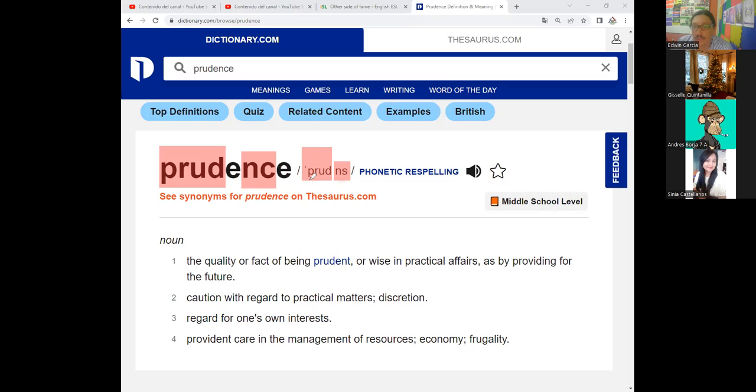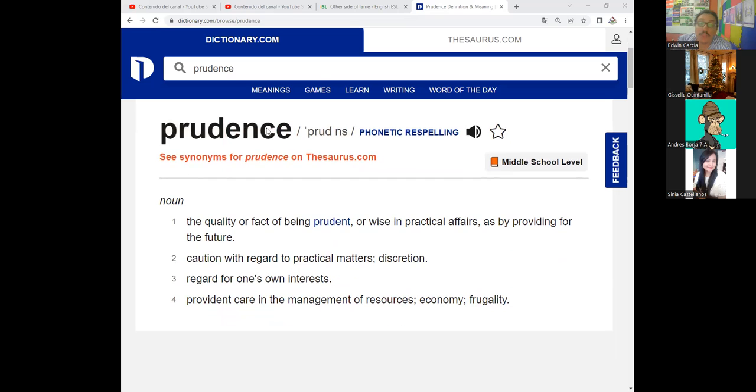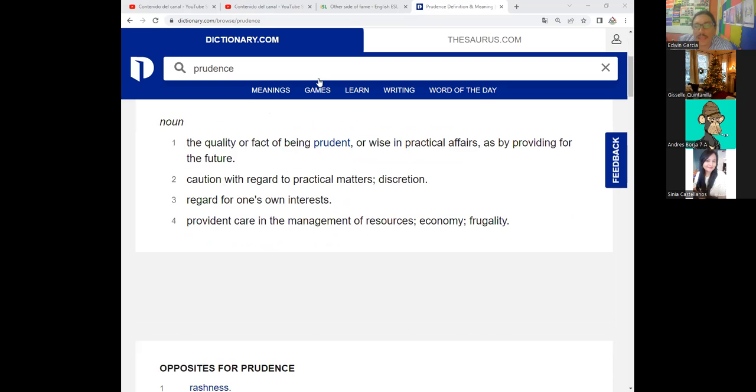Okay, this is for the pronunciation of the word. Now, for the definition, the third one, I think, is the clearest: the quality or fact of being prudent. That means that prudent is the adjective. It's an adjective. I am prudent, you are prudent, he or she is prudent.